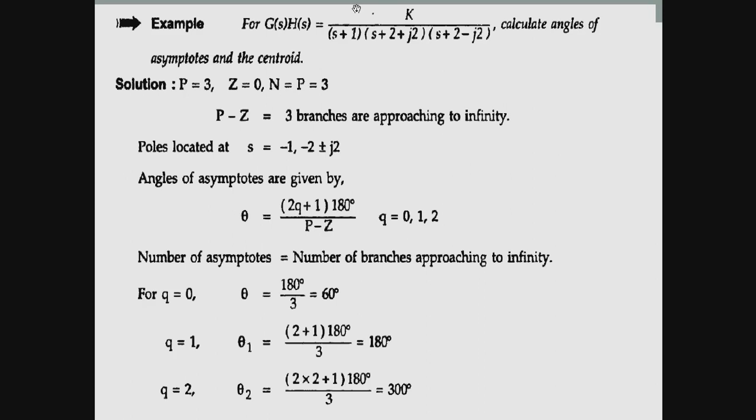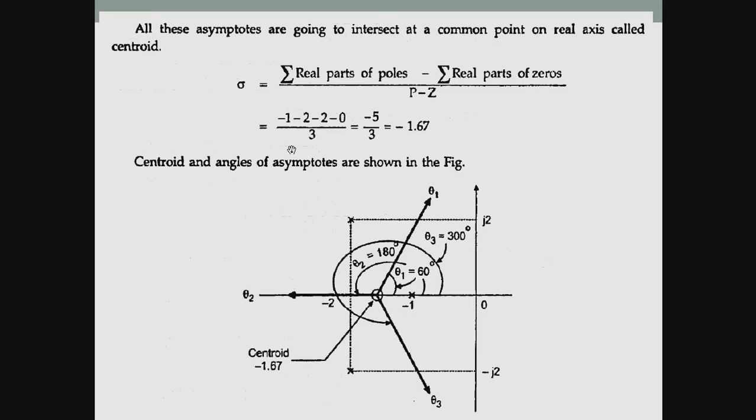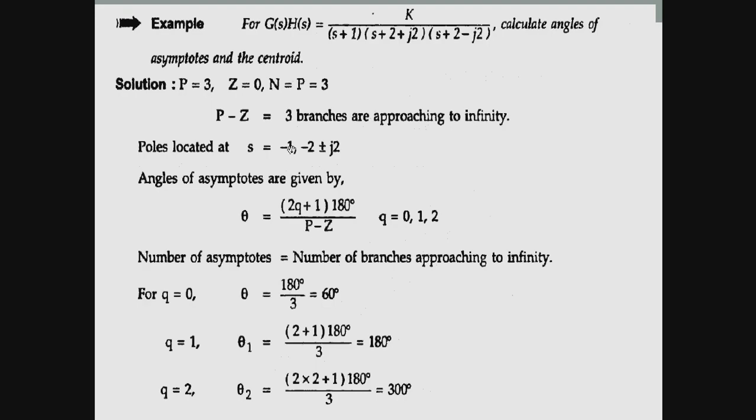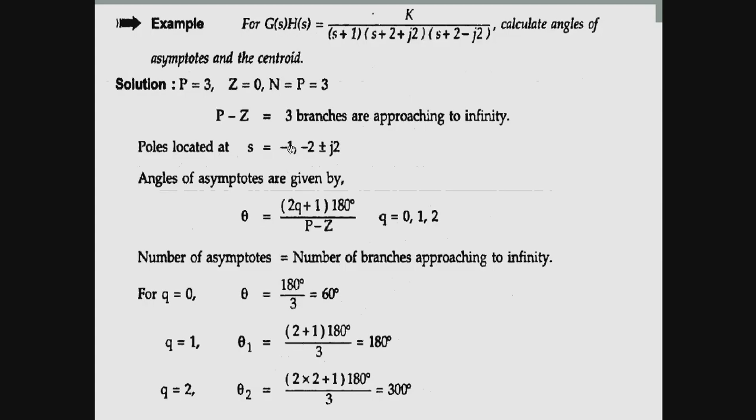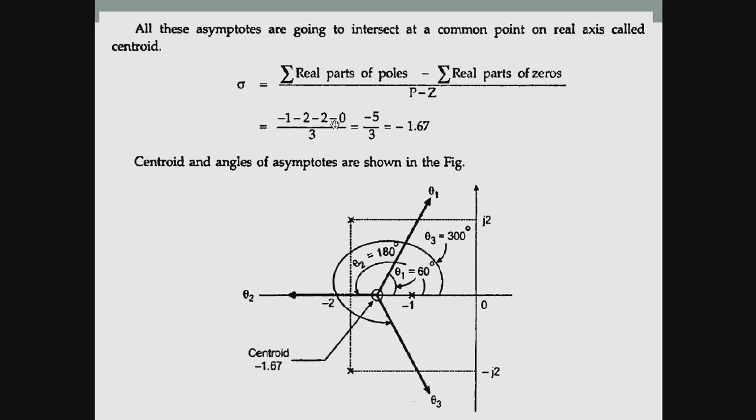The real parts of the poles are minus 1, and the real part of the other one is minus 2, and minus 2 times we have. There are no real parts of zeros, so divided by 3, it will be minus 1.67.